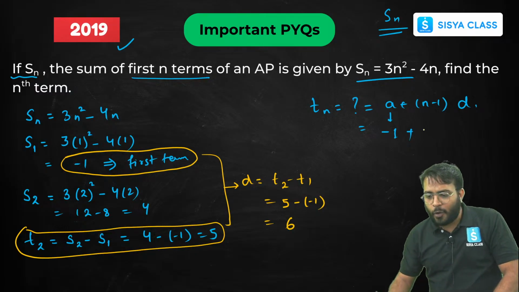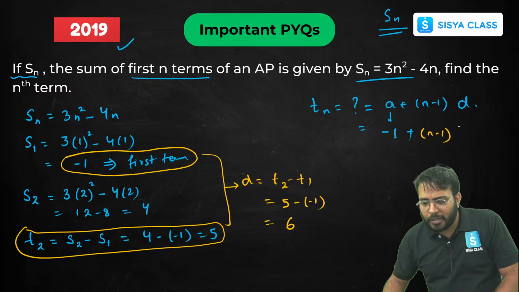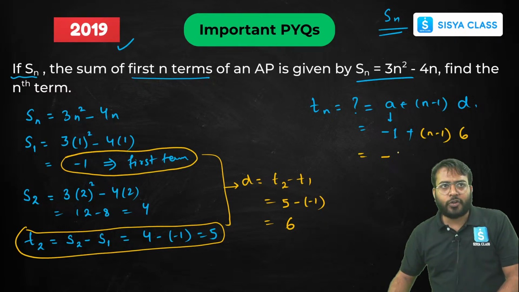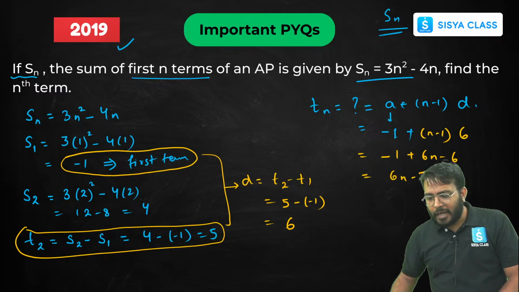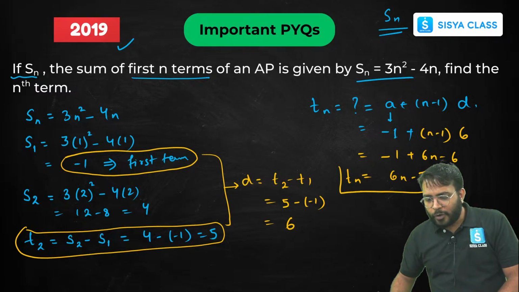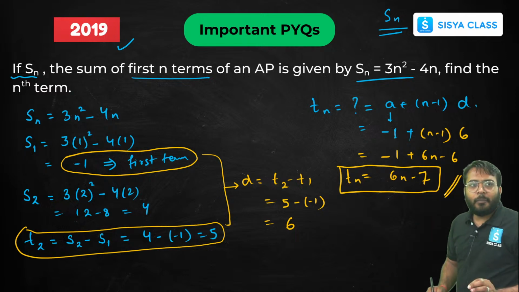Now I can substitute here: (n minus 1) into common difference, which is 6. Just solve this, beta. What you will get: minus 1 plus 6n minus 6, and it is going to be beta 6n minus 7. So that means the general form of your nth term is going to be 6n minus 7.